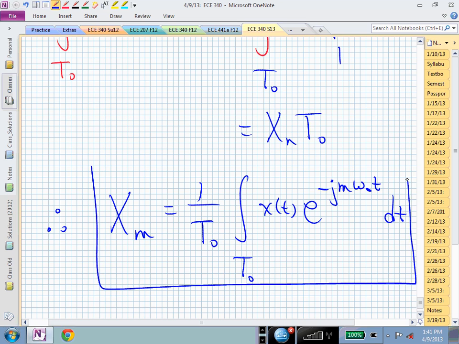And that's how we can find these possibly complex coefficients, capital X sub m, associated with our waveform x of t. And if we're doing this, we're assuming that x of t is periodic, little x of t.